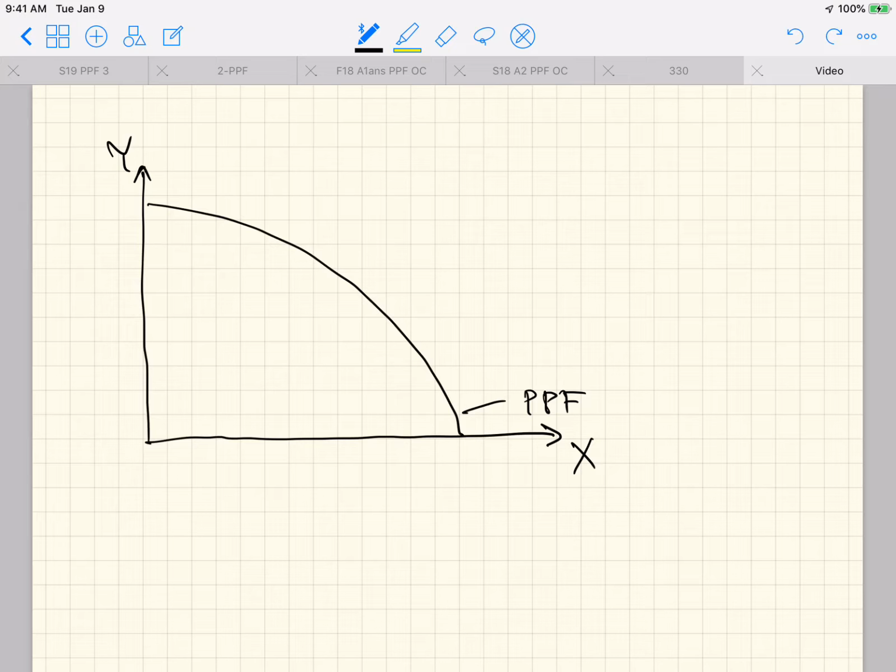Everything on this curve or below is feasible, but everything below is inefficient. So if you're at this point, it means you're not using your resources to their full extent, and you're missing a chance to actually have more of either one good.